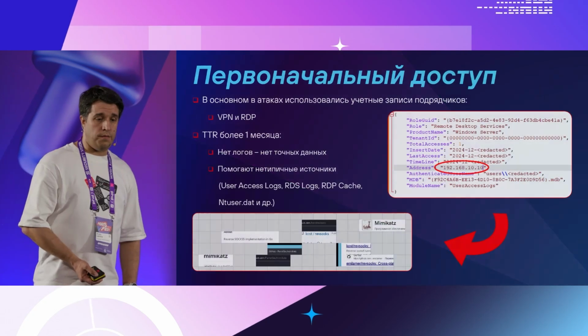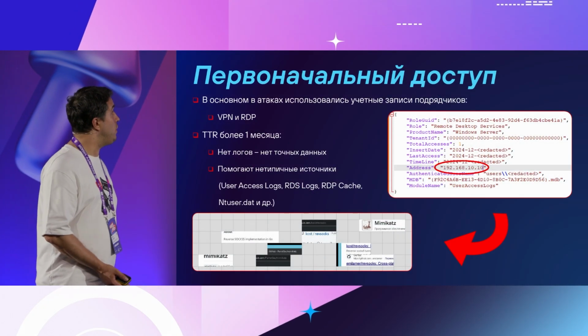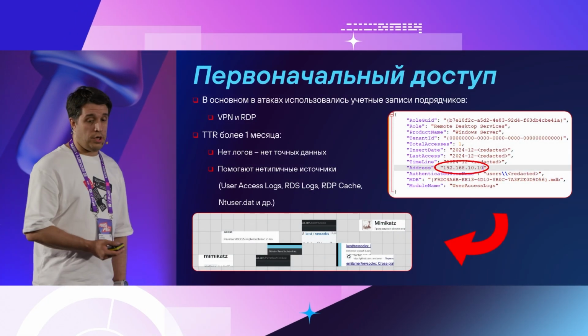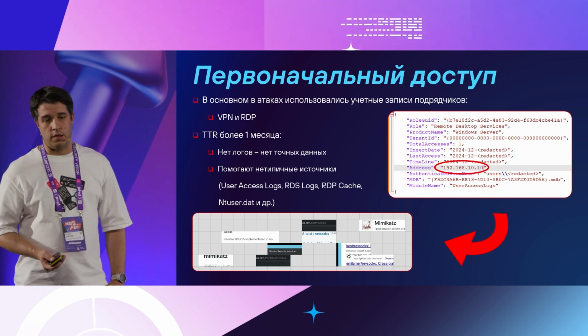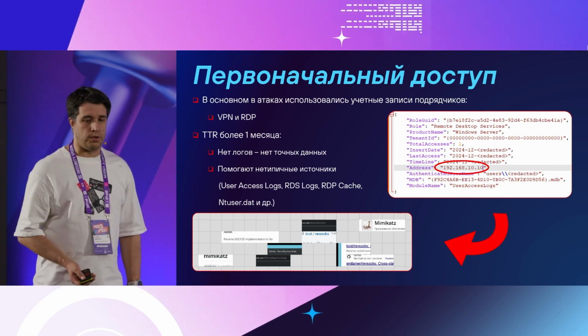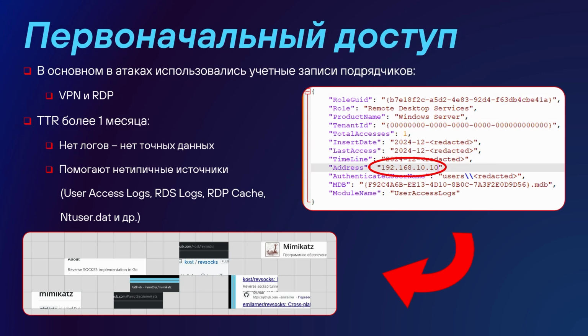But what are the new things that we have seen over the last time? First of all, we see that the hackers actually changed the initial access tactics. First of all, they used the public vulnerabilities or phishing, but in the recent cases we see that they simply check the infrastructure by having the access rights, VPN or RDP if RDP is open, and then they follow with their other activities.